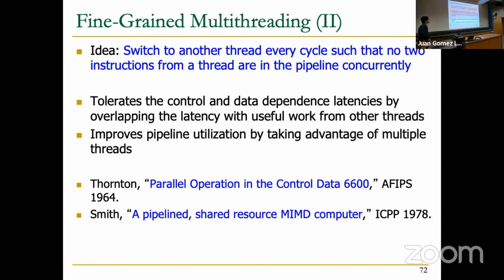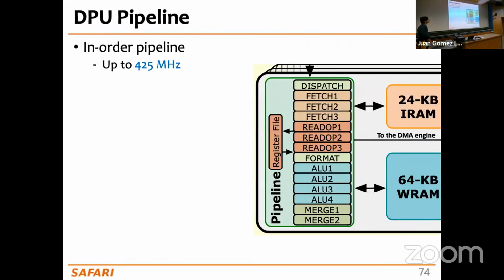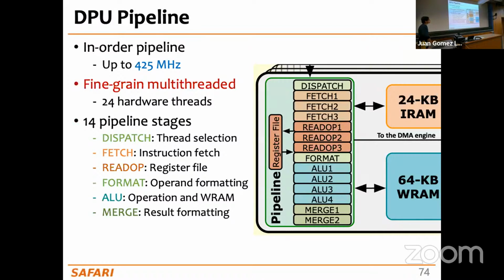So that's the basic idea in fine-grained multithreading, and that's what the UPMEM folks made use of in their fine-grained multithreaded pipeline. In every single cycle, we will dispatch one new thread, we will fetch one new instruction from the IRAM, and so on.